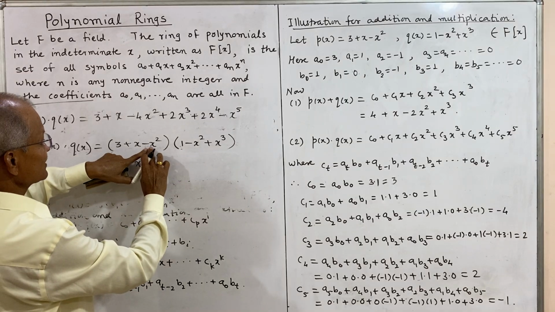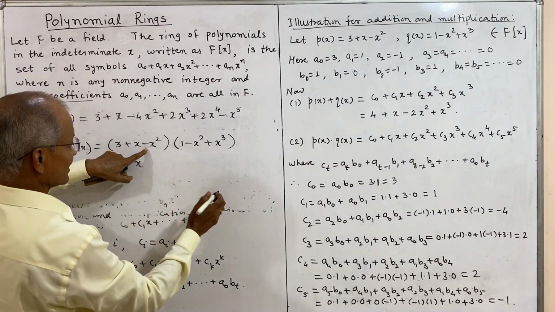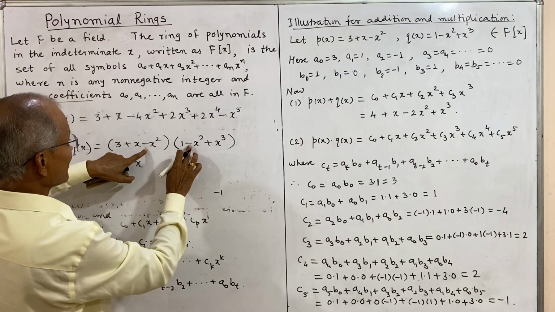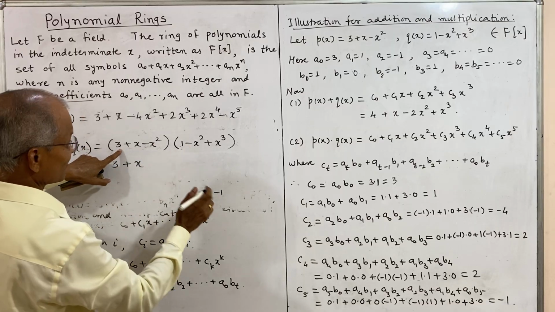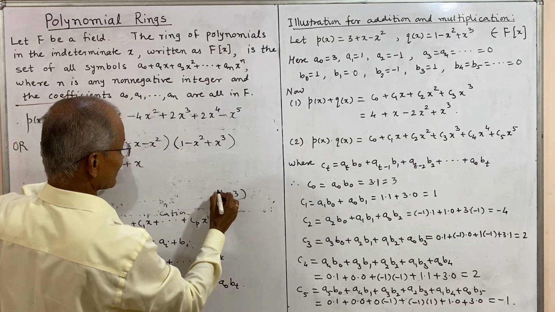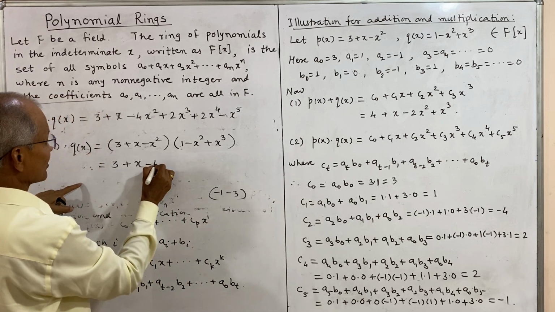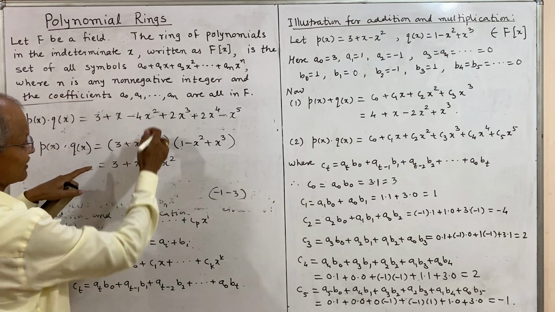So minus x square into 1, that is minus 1 into x square, and minus x square into 3, that is minus 3 into x square. Minus 1 minus 3 is minus 4 x square, which is the same.